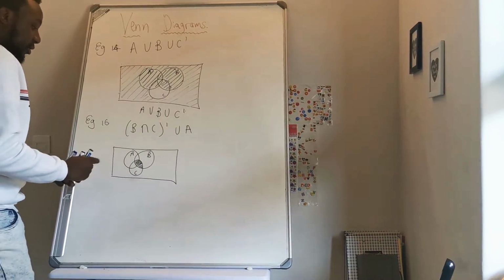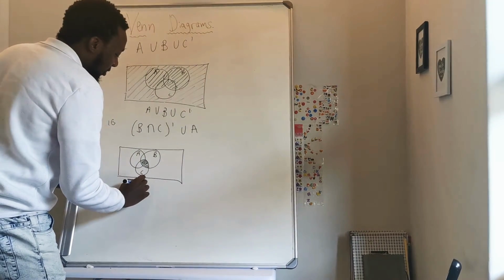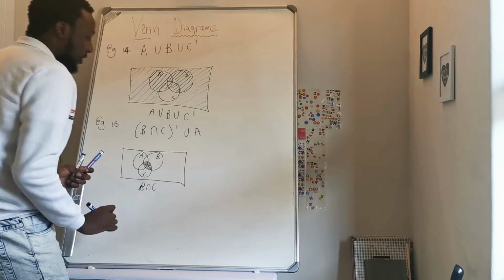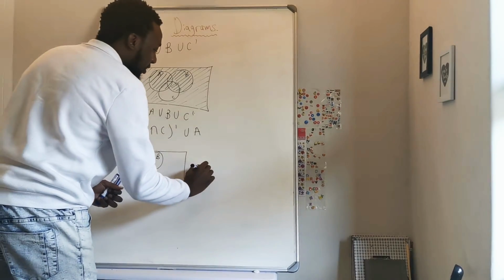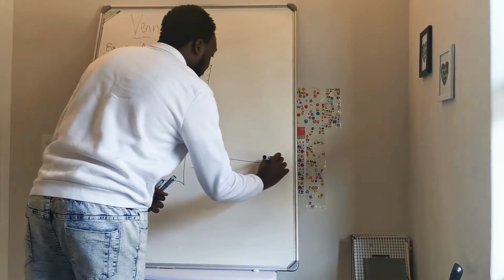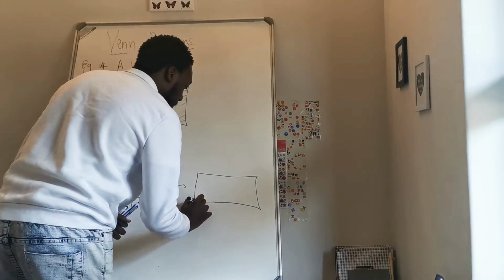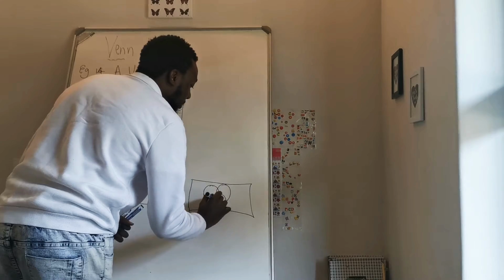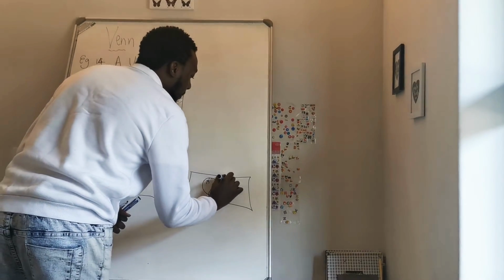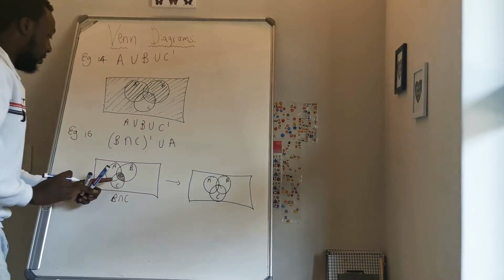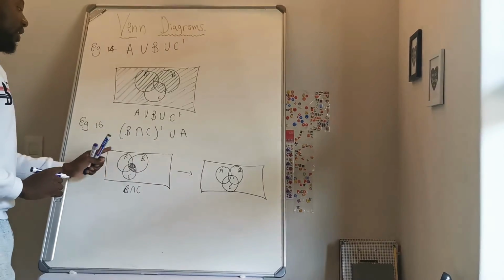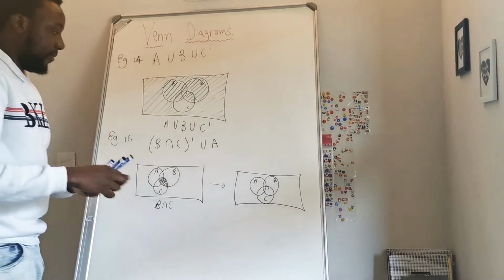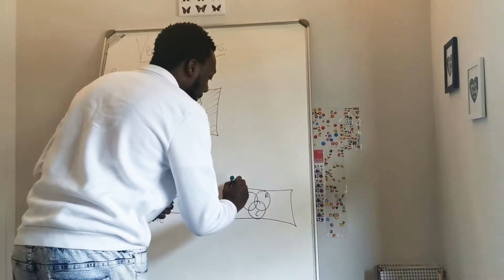You did the first part, but this wants the complement of it. So just label this: this is B intersecting C. Now the complement of this, let's draw it this side. A, B, C. Remember, we're now trying to draw every other thing beside that small area there. So let's shade in there.